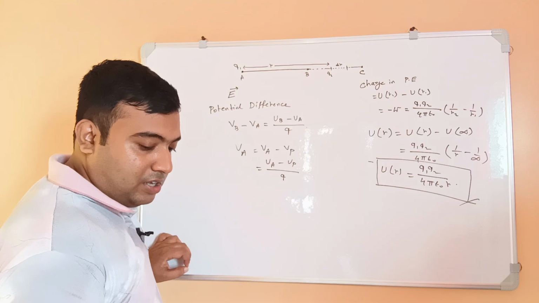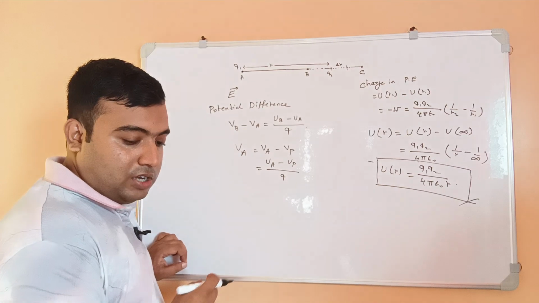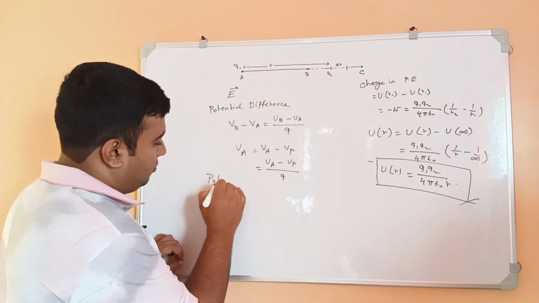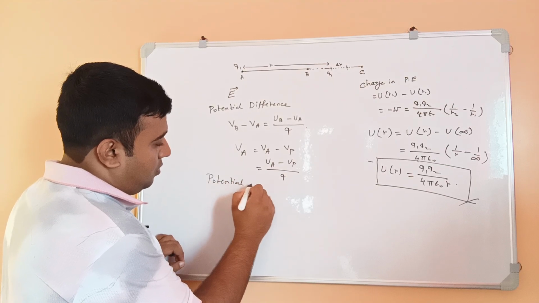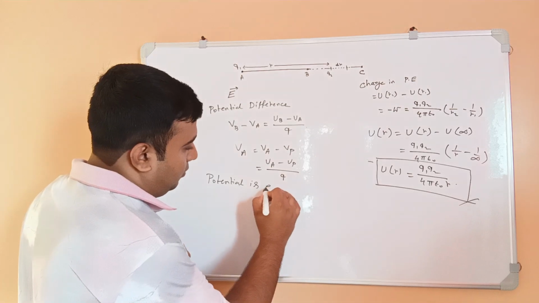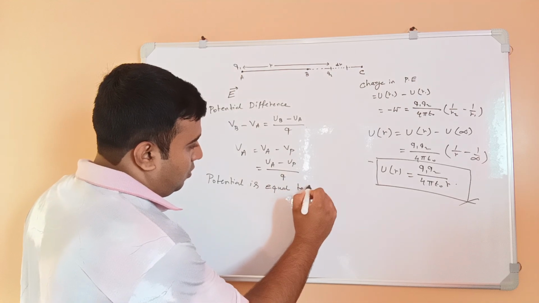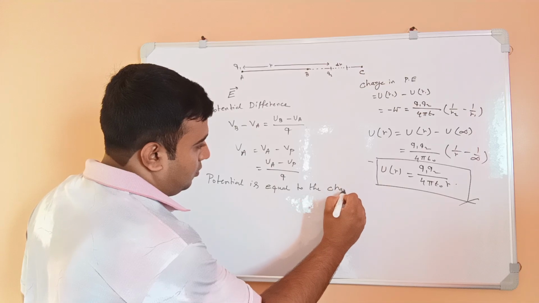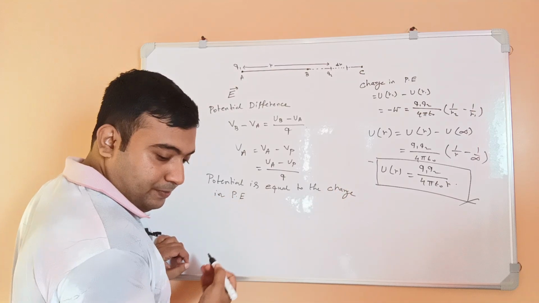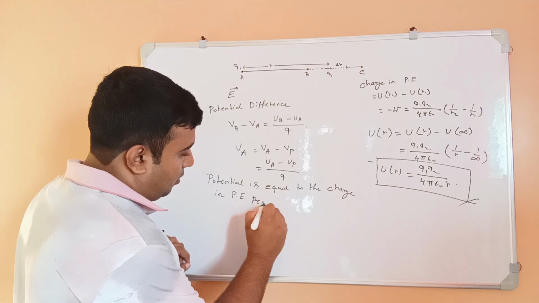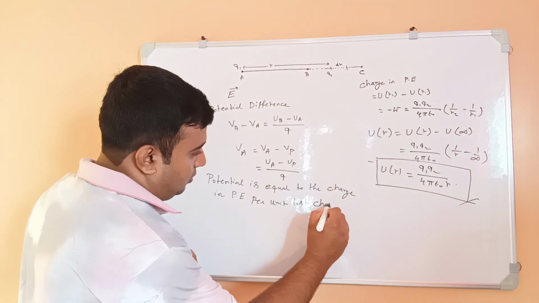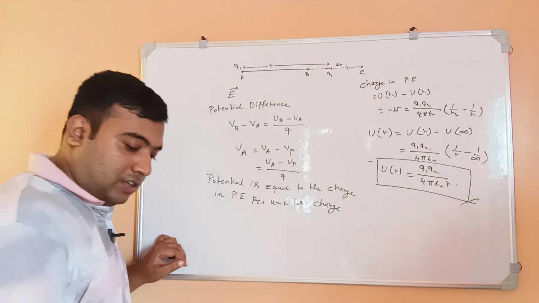So the potential at a point A is equal to the change in potential energy per unit test charge.